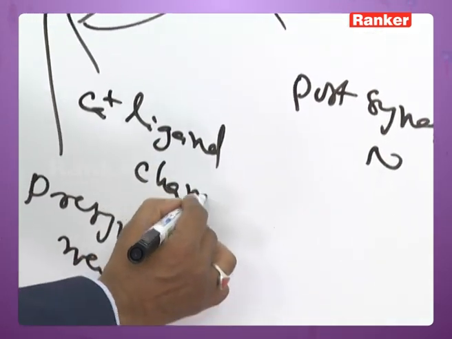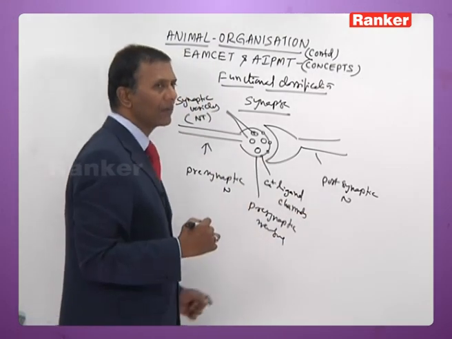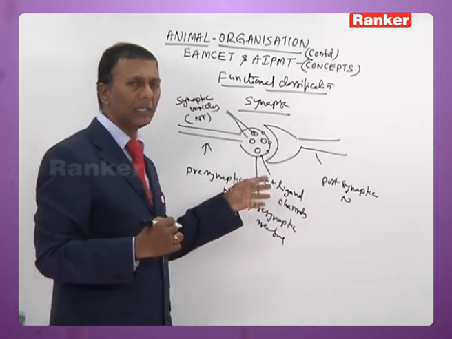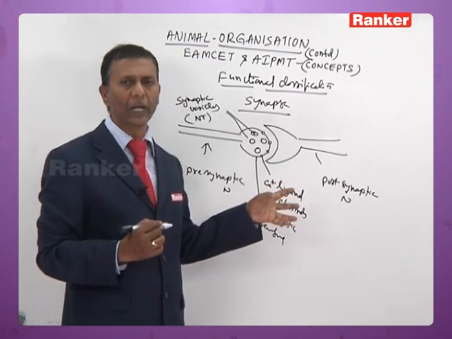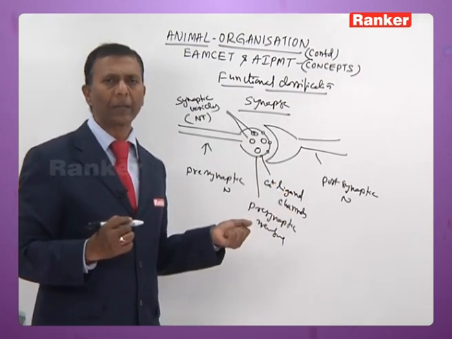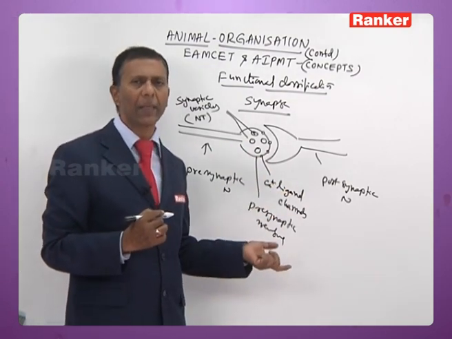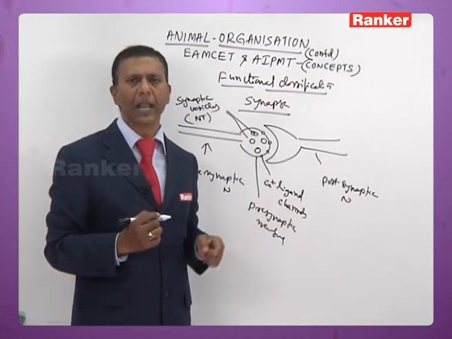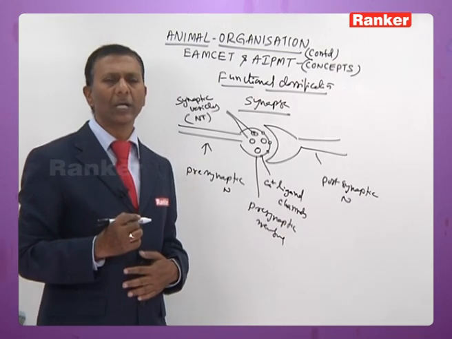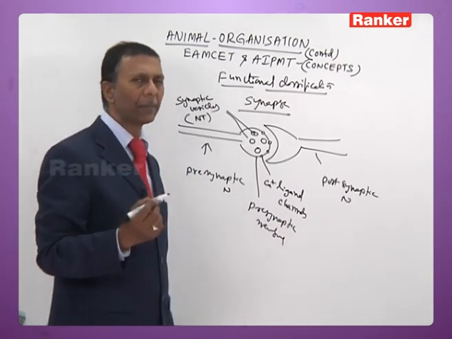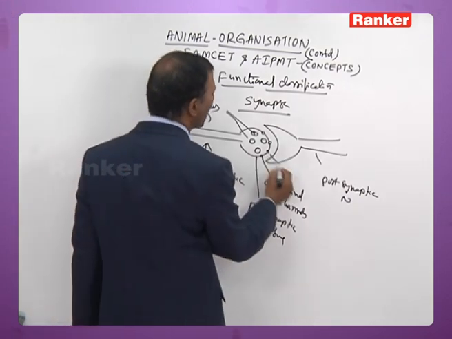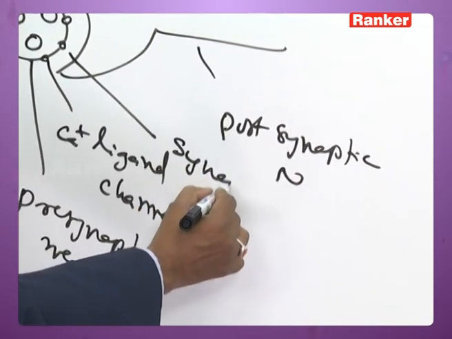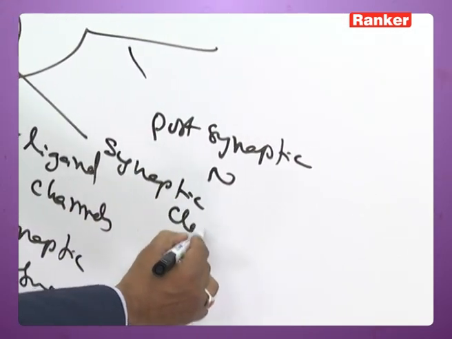So at the time of conduction of impulse, the calcium ions from the extracellular fluid diffuse into the synaptic knob through calcium ligand channels, and thereby bring about exocytosis of synaptic vesicles to discharge neurotransmitter into the synaptic cleft. The gap that lies between them is called the synaptic cleft.